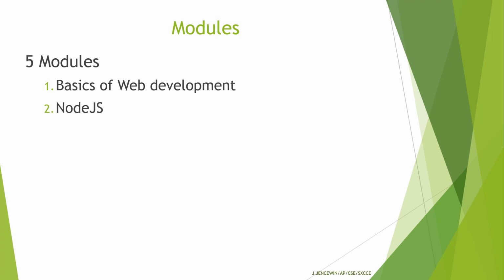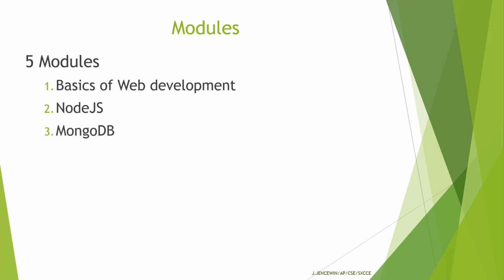And in the second unit, we completely study Node.js. Node.js is a runtime environment which allows the developer to execute JavaScript outside the browser. So we can also implement the server side of your application using the same language, JavaScript, by using the environment called Node.js.